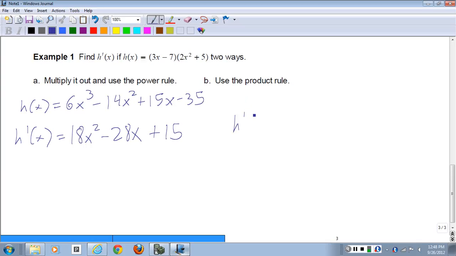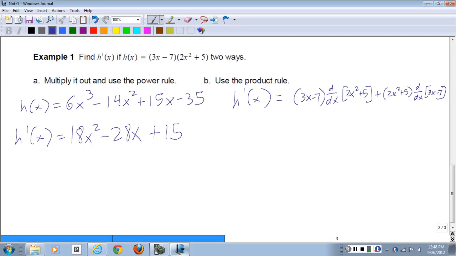H prime of x. Maybe I should scoot it up here so that technically it doesn't look like it takes that much longer. I'm going to use the d/dx notation. It's going to be the first expression times the derivative of the second, plus the second expression times the derivative of the first.